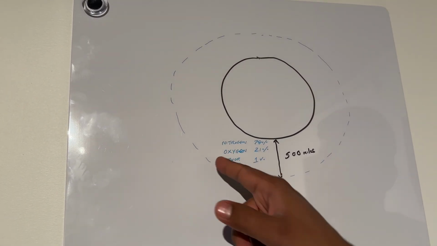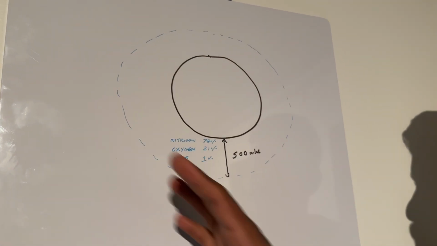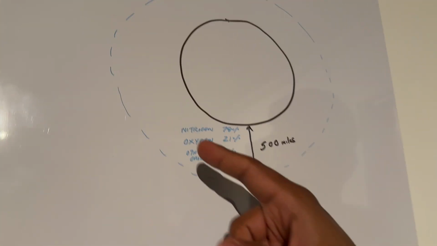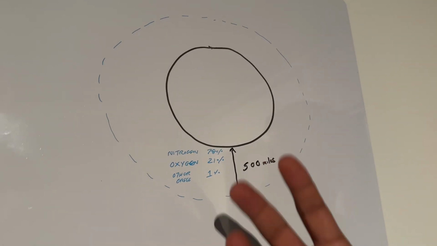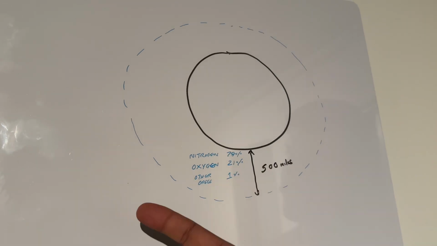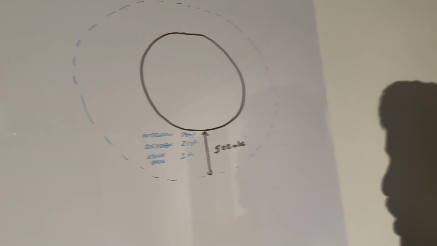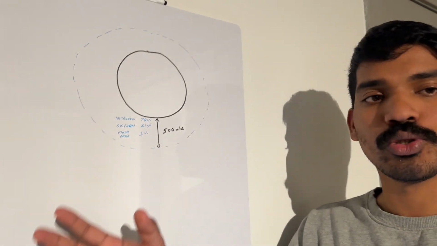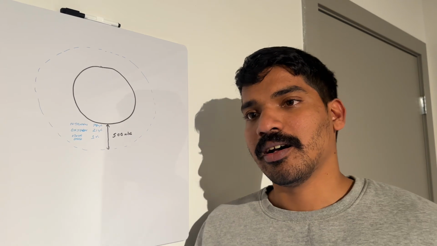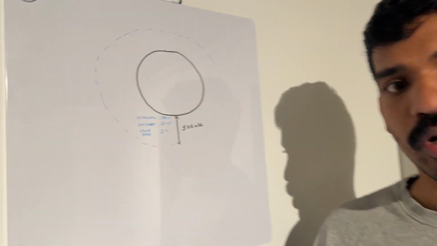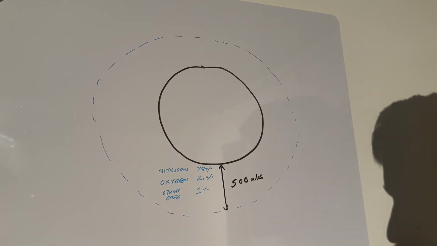And you can see that the air or the atmosphere is composed of three gases, or basically three components. The biggest component of air is nitrogen, which amounts to 78% of the atmosphere, oxygen, which amounts to 21% of the atmosphere, and then other gases, which include argon and water vapor as well, which make 1% of the atmosphere.